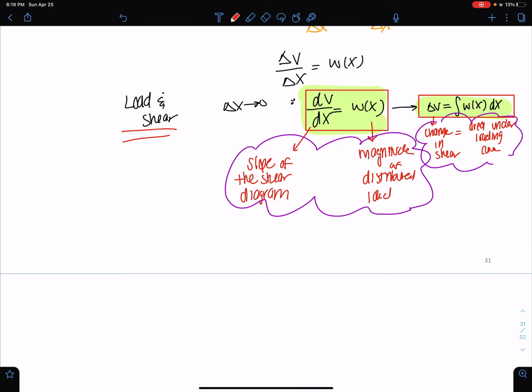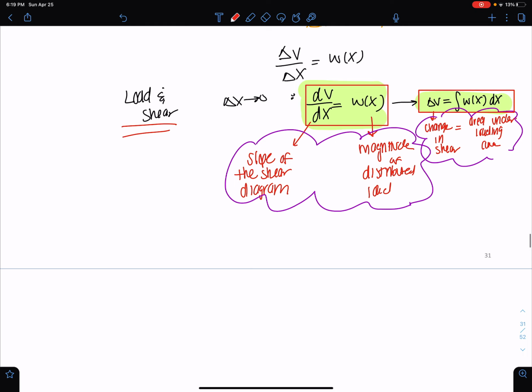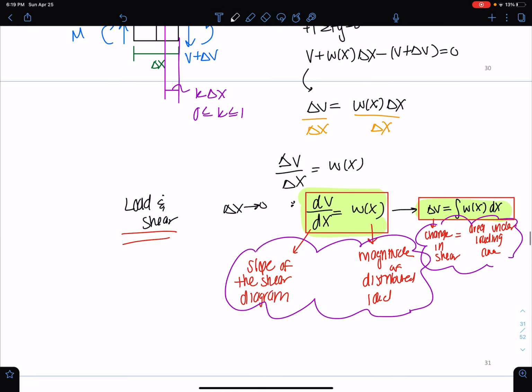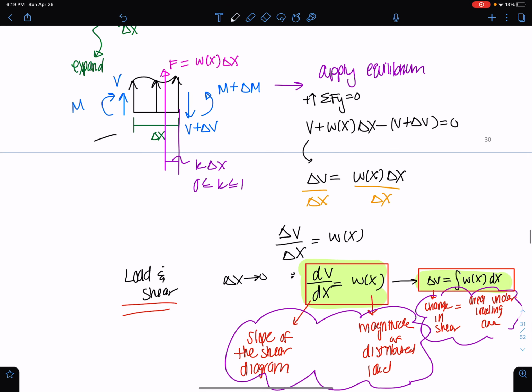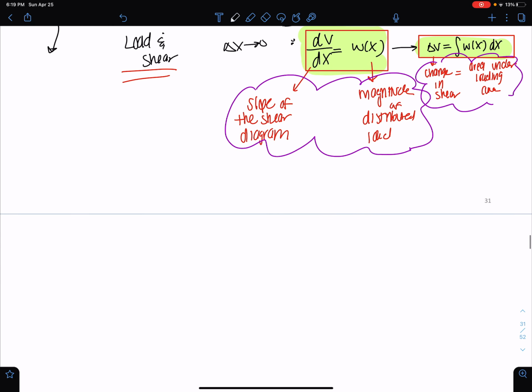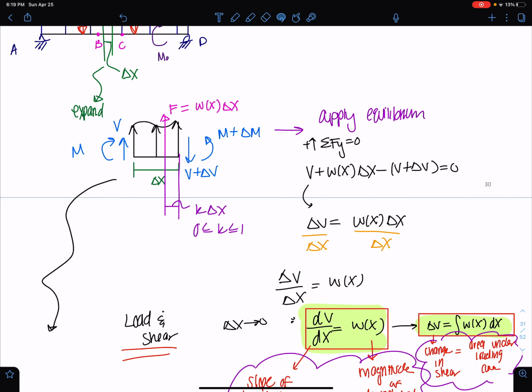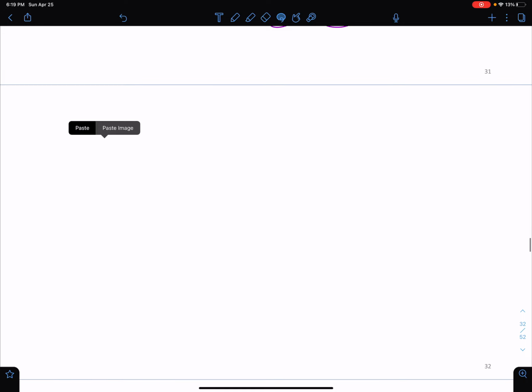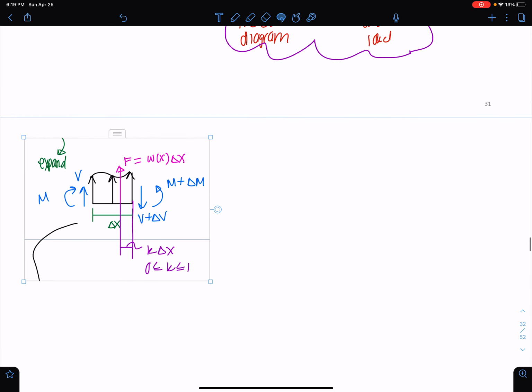Okay. Now if we continue going through this, right? We still have this diagram that we're working on. And let's continue applying equilibrium. And let's go ahead now and take the moment. Let me copy this. Okay.